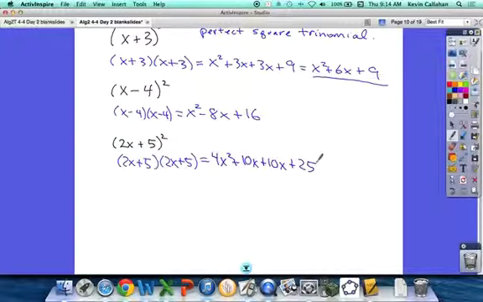You've got the last term, which is 5 squared, that's that. And then you've got 10x plus 10x, the inner product. So the middle term, when you do a perfect square trinomial, is always 2 times the first times the second. It always works that way: 4x squared plus 20x plus 25.